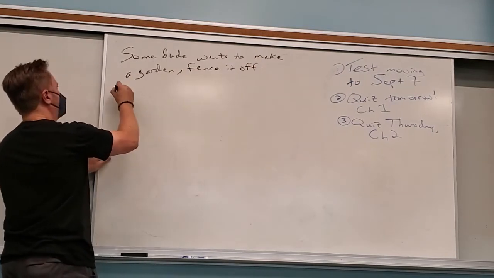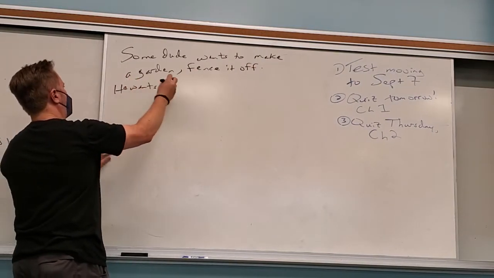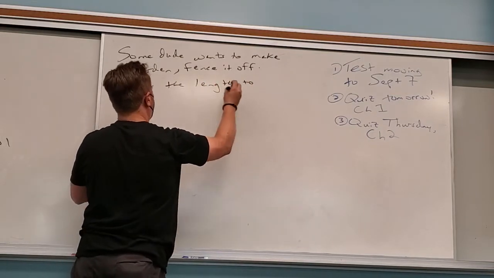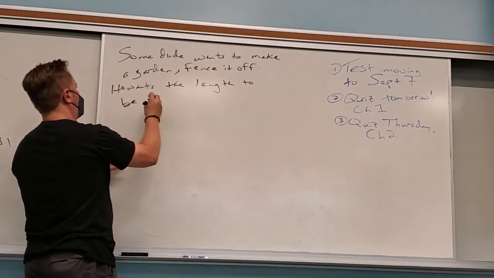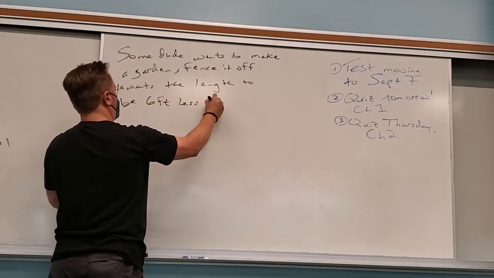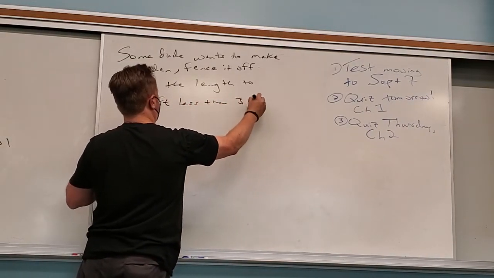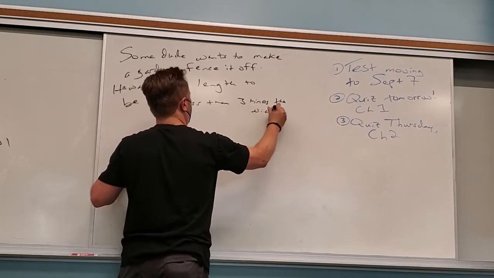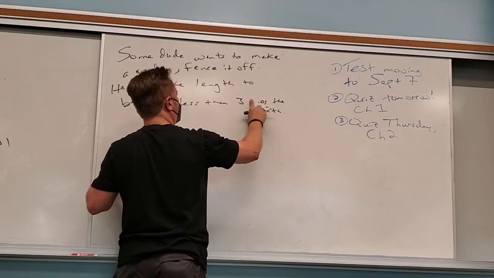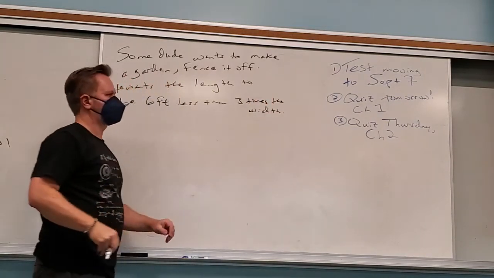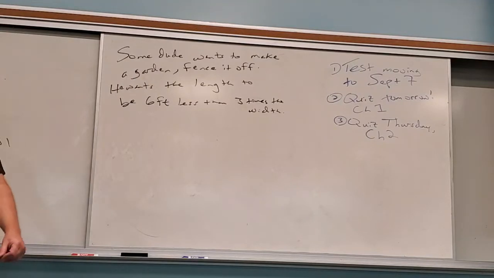He wants the length of the garden to be 6 feet less than 3 times the width.